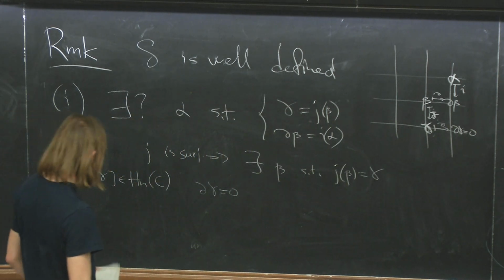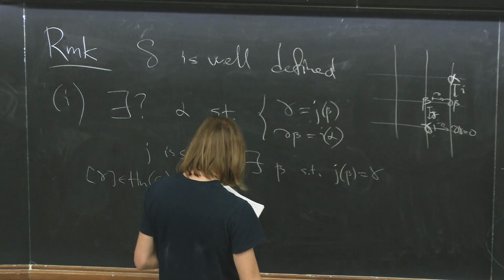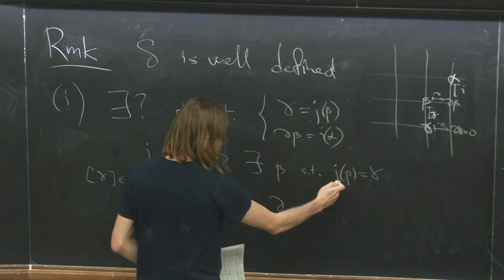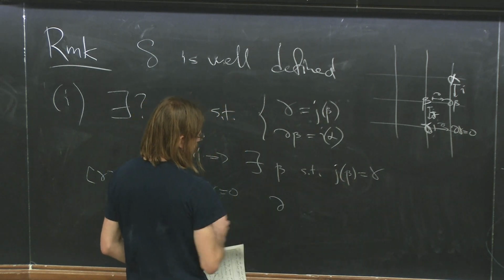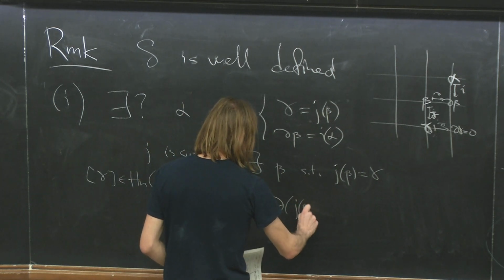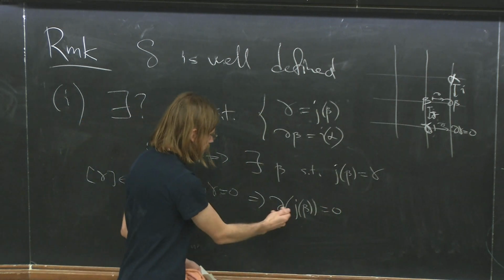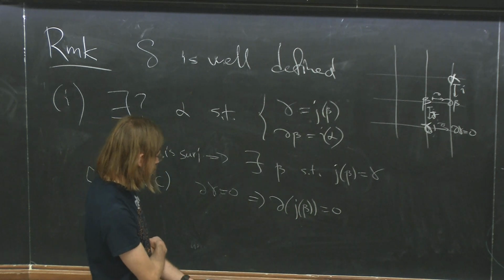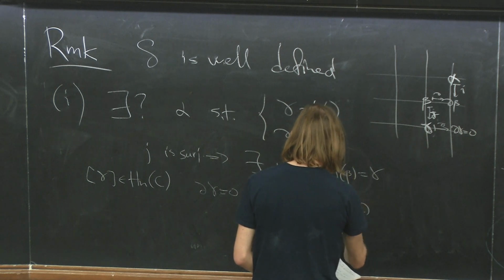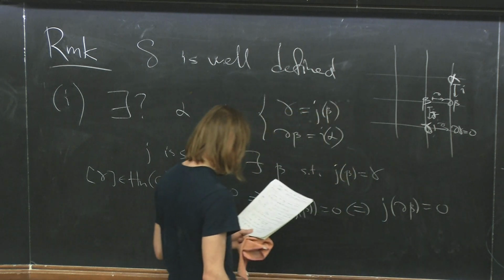So for gamma, we already know that there is a beta such that gamma is J of beta. So in particular, this means that D of J of beta is 0. J is a chain map, so J commutes with D, so we can write it equivalently as J of D beta is 0.